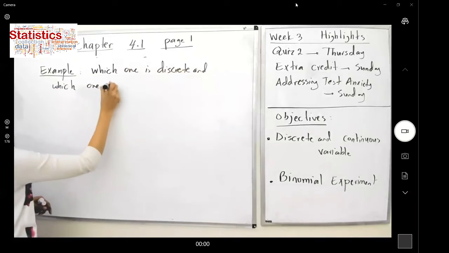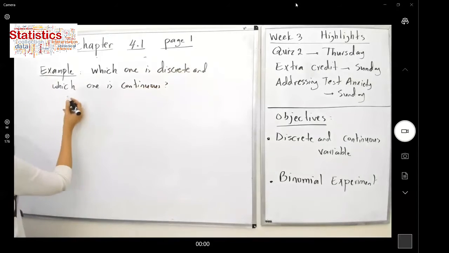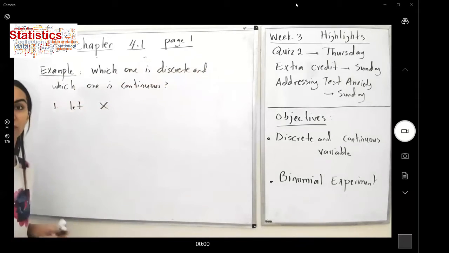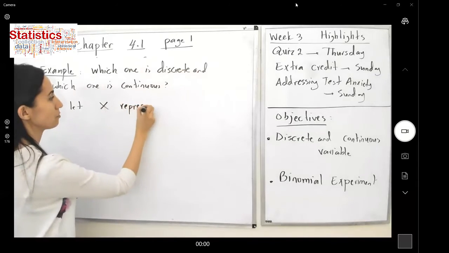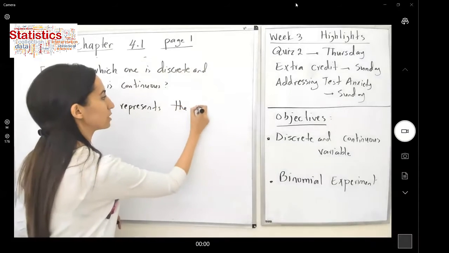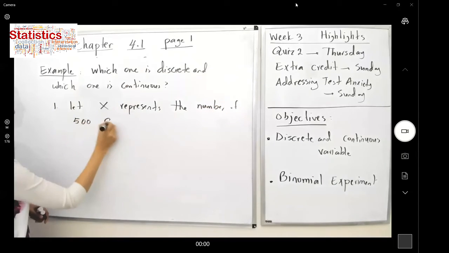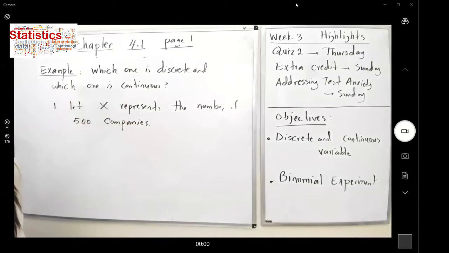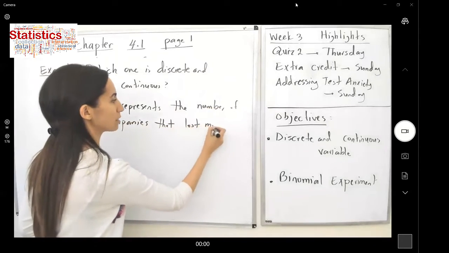The first one says let variable x, remember that you're working with random variables, random variable x represents the number of 500 companies that lost money last year.